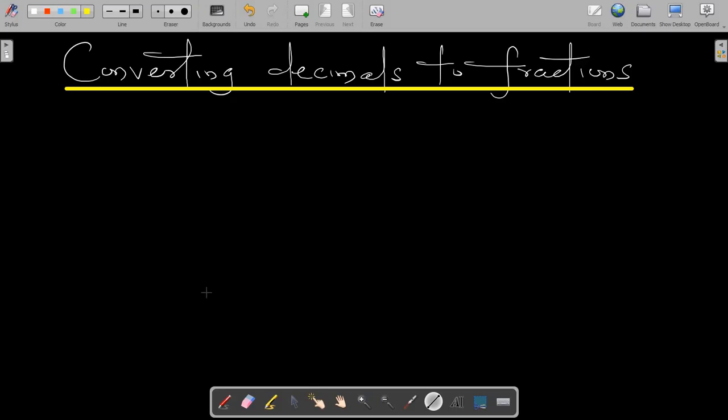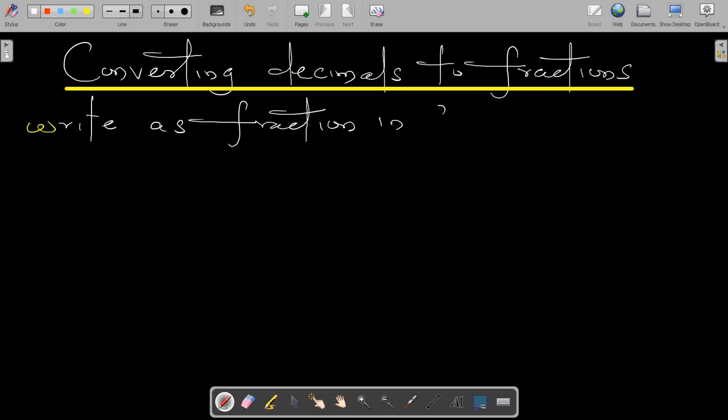So now, let me just go straight into question solving. I will just write: write as fraction in simplest form. Okay, so let me write out the question first.